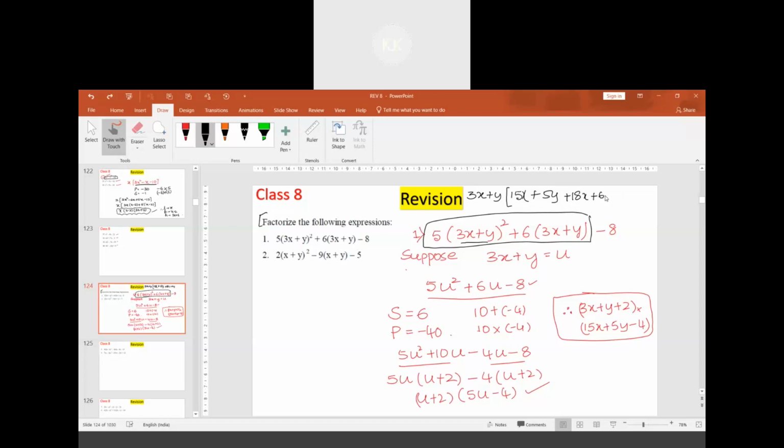Only 6 will be there, minus 8. Now solving this expression becomes difficult. We keep thinking we won't get any solution. So the best possible method is to assign some letter for 3x plus y.